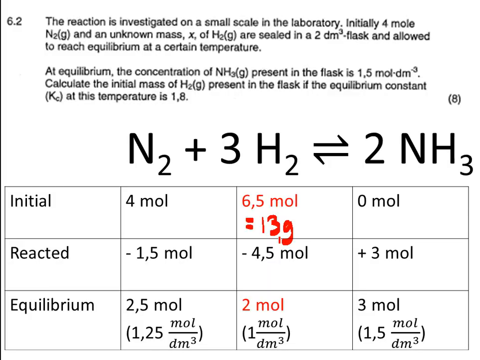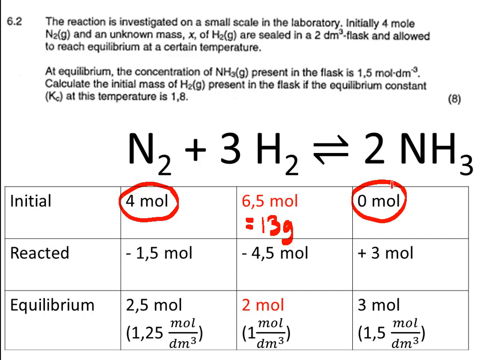So let's just quickly look back. What have we done? Right in the beginning, we were given this information, 4 moles of nitrogen. We were not told directly 0 moles of ammonia, but the question implied it, because the question said we only put in nitrogen and hydrogen. So then obviously that means there's no ammonia in the beginning.